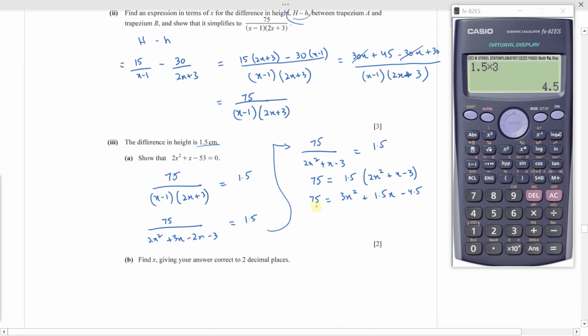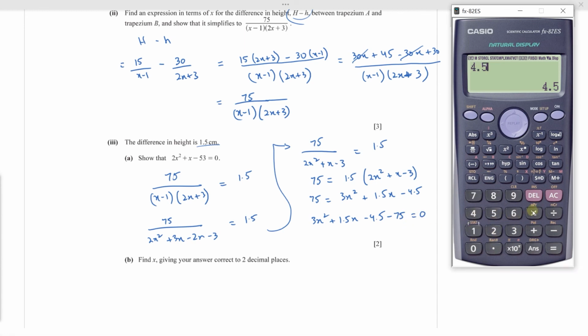And I'll take this 75 to the other side. So this will become 3x squared plus 1.5x minus 4.5, and then 75 on the other side will become minus 75 equals 0. So minus 4.5 minus 75 is minus 79.5.